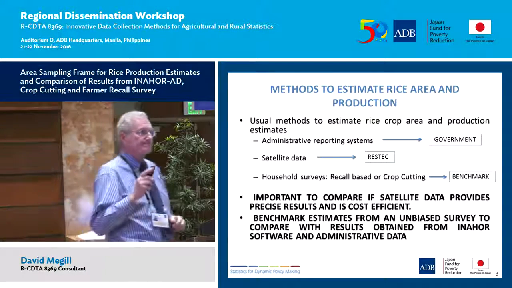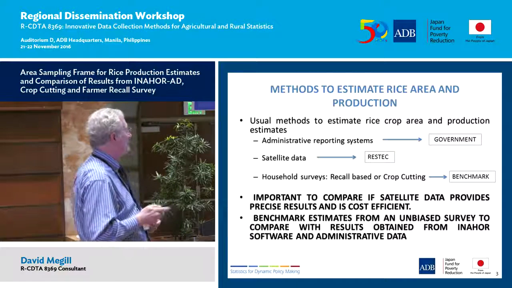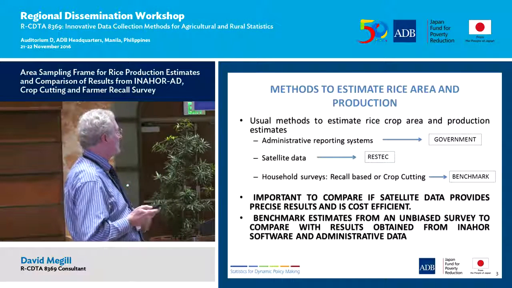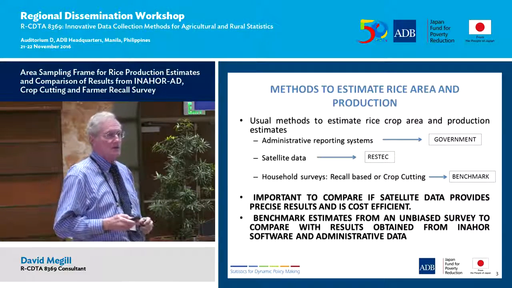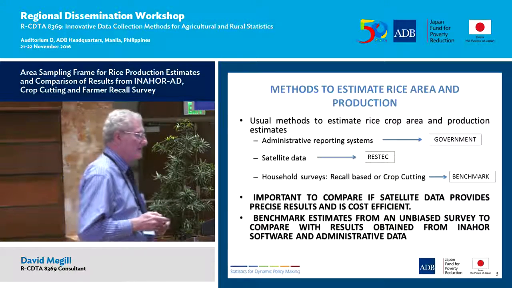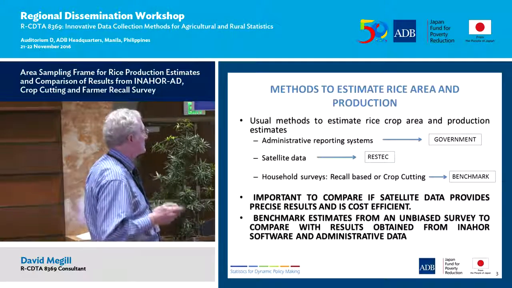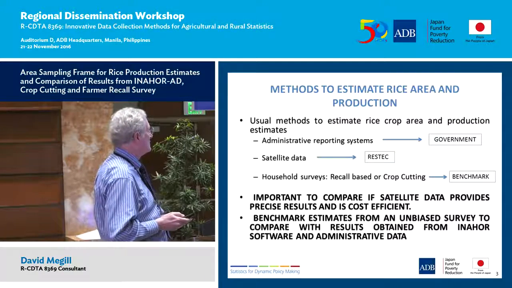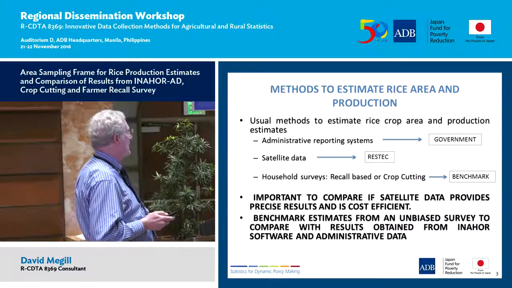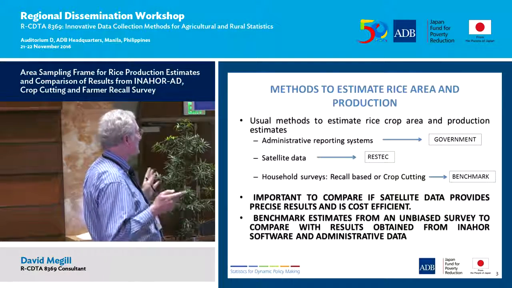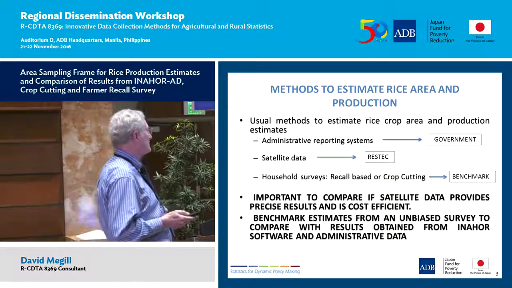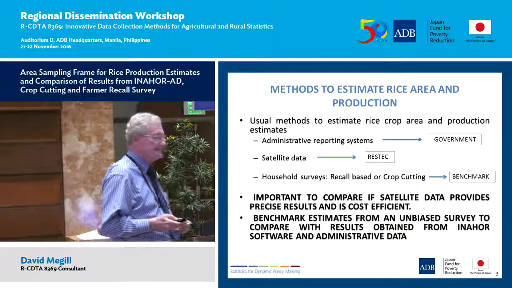So Nagraj had already described a little bit this morning about the different available sources of information on rice crop area and production estimates. And most countries have some types of administrative reporting systems.